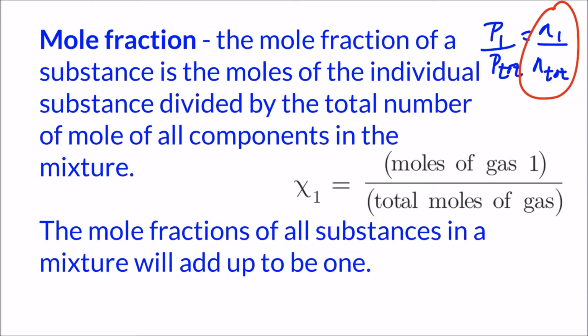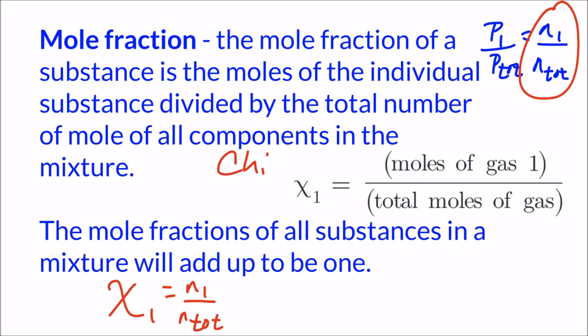So that means that we can say, oh, and mole fraction, by the way, has this little symbol here. This is the Greek letter chi, C-H-I. So we can say then that the mole fraction of a specific gas is equal to the number of moles of that gas over the total number of moles in the sample.